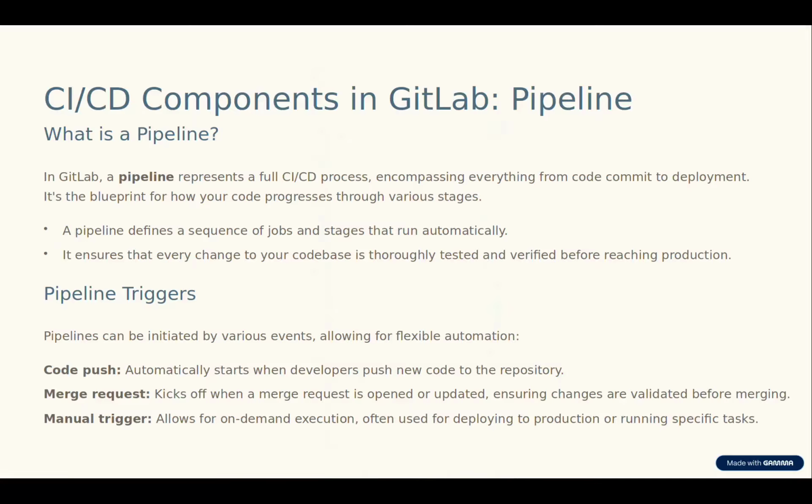For example, when you change your code and push it to the repository, that code push can trigger the pipeline. Or if you create a merge request, it can trigger the pipeline.